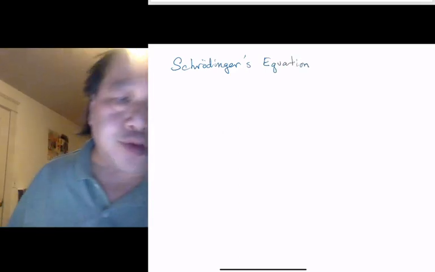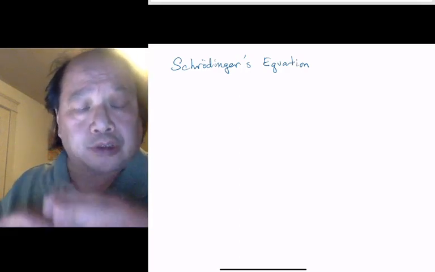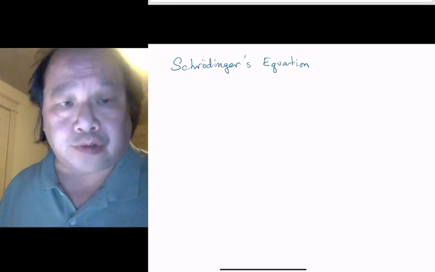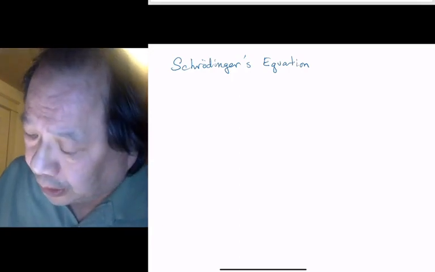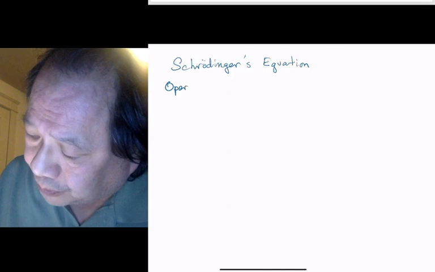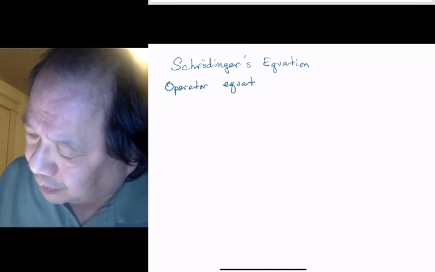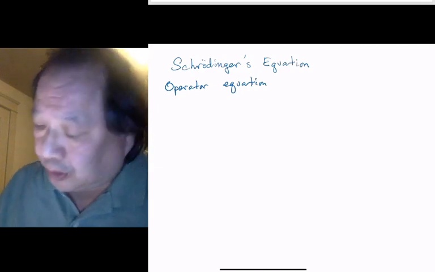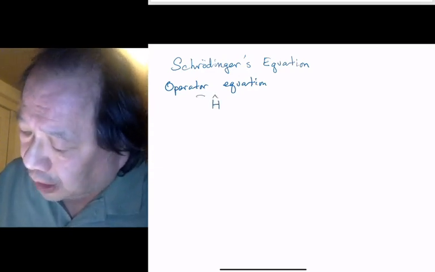Now, the math of Schrödinger's equation is complicated, so I'm just going to describe its overall features. It's an example of an equation called an operator equation. The famous equation is Hψ = Eψ. That little hat means H is an operator.